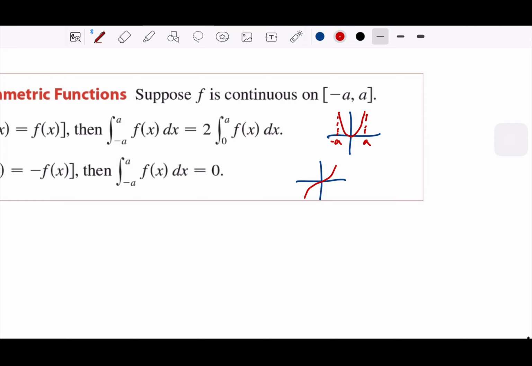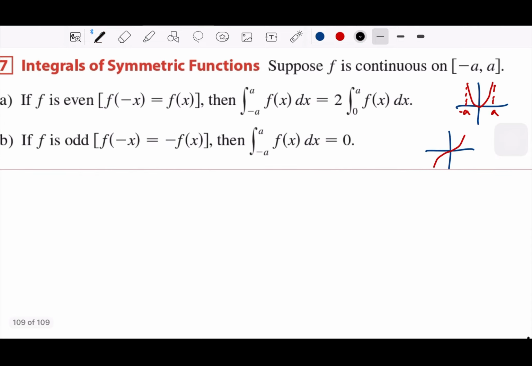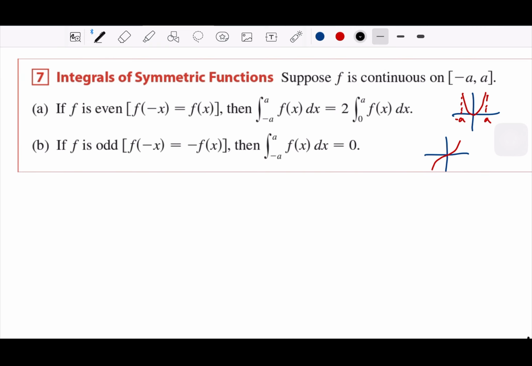But let's prove that in our mathematical form. So first, taking this form here, to make it easy to follow, let's make 0 our midpoint. So let's say we take negative a to 0.